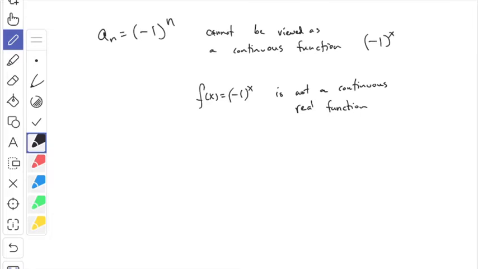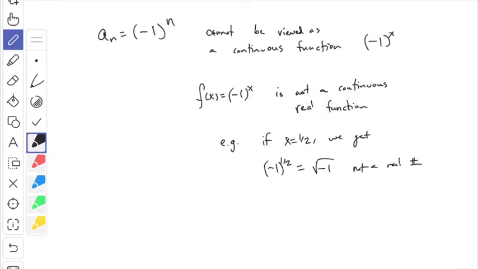If, for example, we use x equals a half, then we get (-1)^(1/2), which equals the square root of -1, which, say what you will about that, is not a real number. You can say this is an imaginary number, and that's fine, but that's kind of outside the realm of calculus at that point.